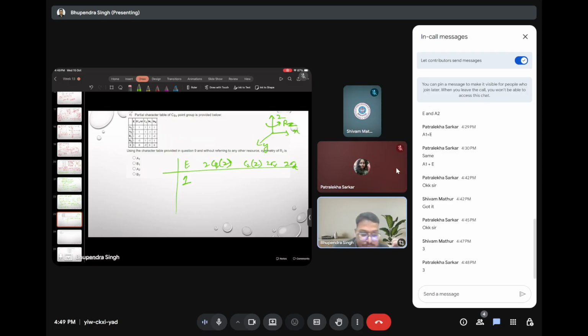Now you can solve. I'm not asking for the number of unshifted atoms. Your answer is 3. That is why I'm saying I'm not asking for the number of unshifted atoms. I'm asking for the character by applying E along the Z direction.